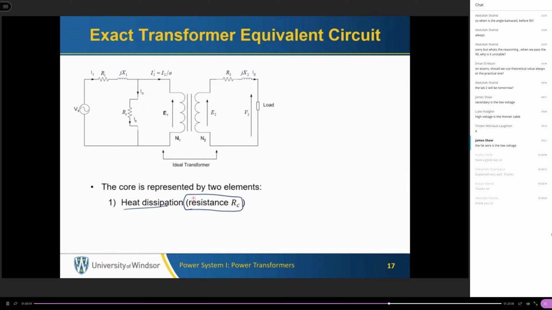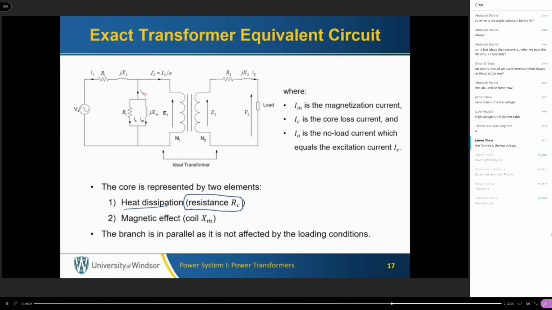And this resistance is proportional to the voltage applied on the primary winding, not the current. That is why we have to connect this resistance in parallel, not in series, because its power consumption depends on the voltage of the primary, not the load current.